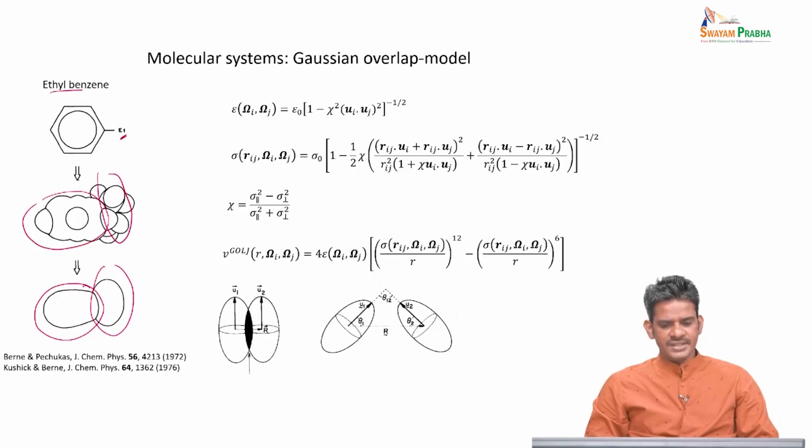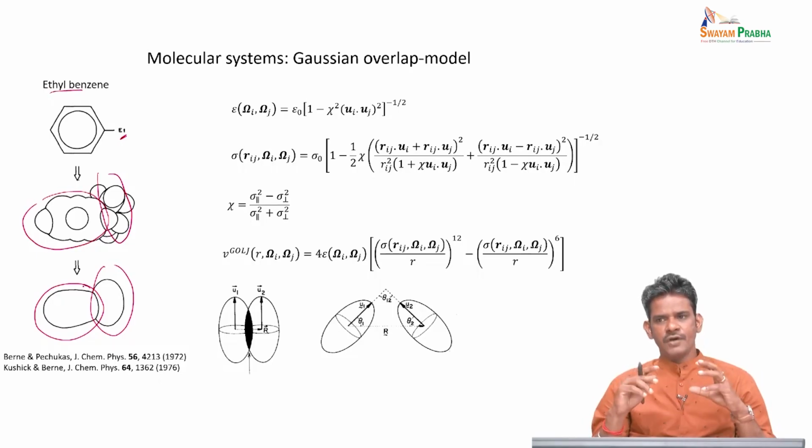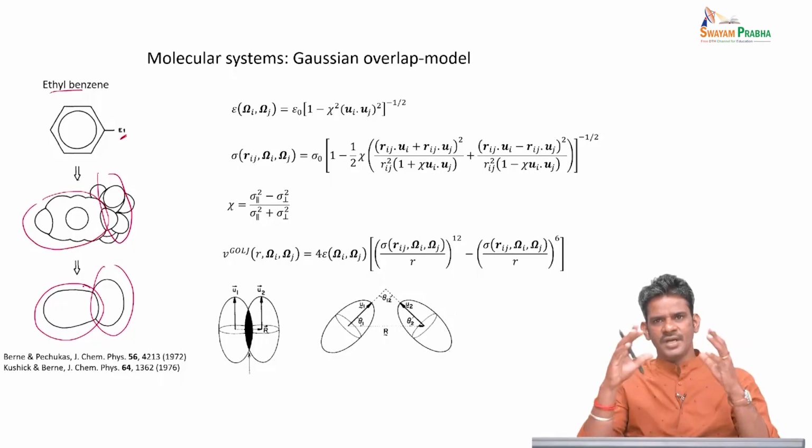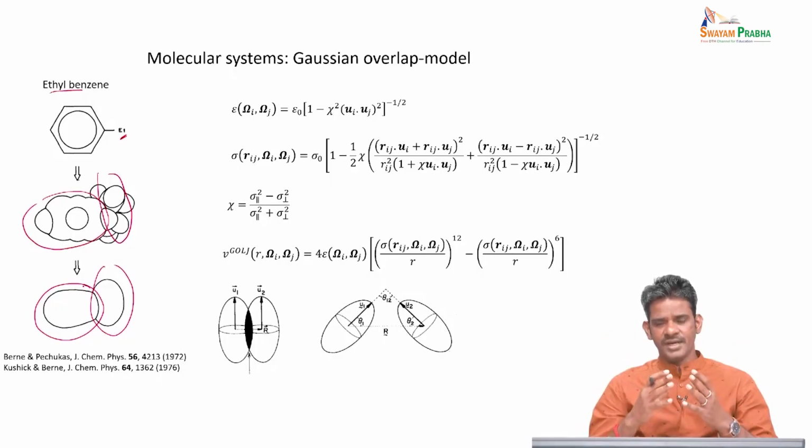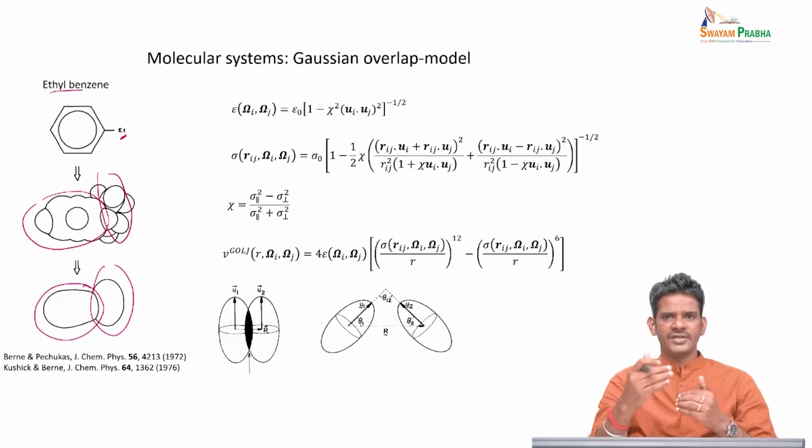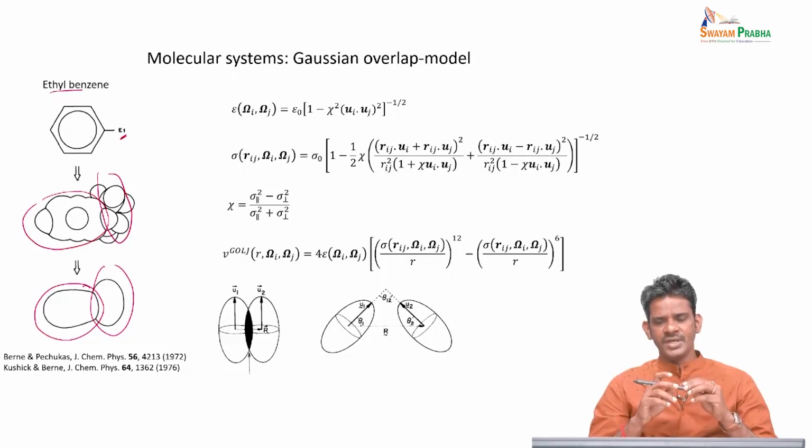So what was considered in this problem is to think of this molecular species as a non-spherical soft object. Instead of looking at the details of individual atoms, sites and charges, you represent them as a soft non-spherical object and then try to calculate the interaction energy between them.